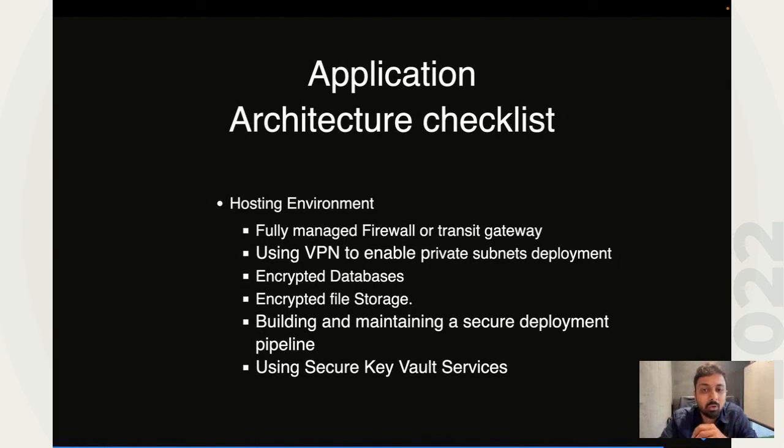The main thing which we should also be focusing on is the deployment pipeline. Many times whenever we are deploying the code using CI/CD pipelines, right, we hard code the security rules in there, right, or security sensitive information we hard code in the build pipeline itself. But that should not be there.